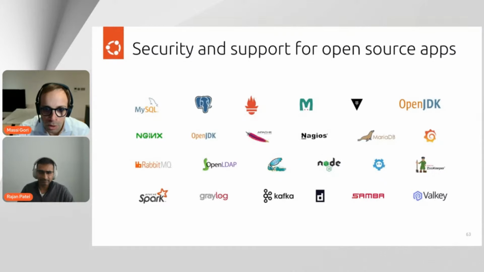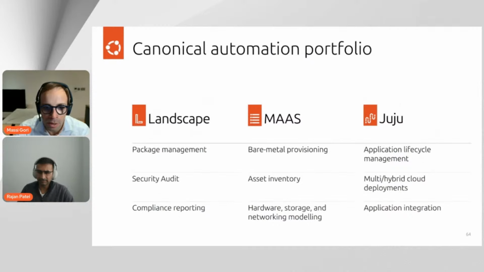If we move over to the next slide, in addition to Landscape that we just discussed, we have two more system lifecycle management solutions in Canonical. One is MAAS, our solution for bare metal provisioning, which allows you to do everything related to a very wide and vast catalog of enterprise-grade hardware.